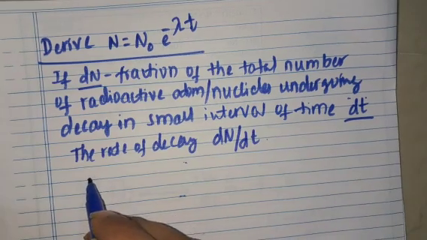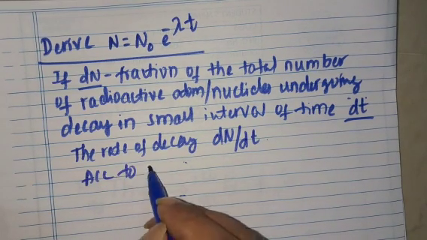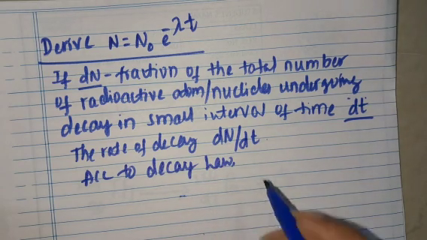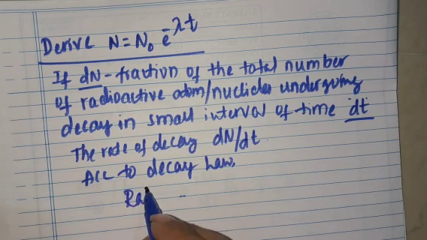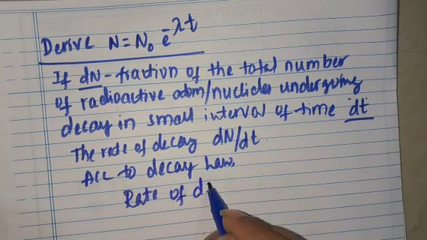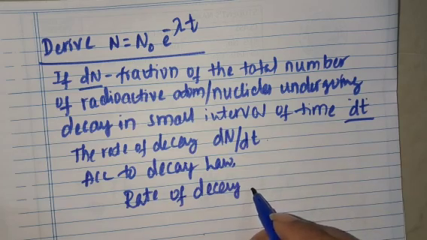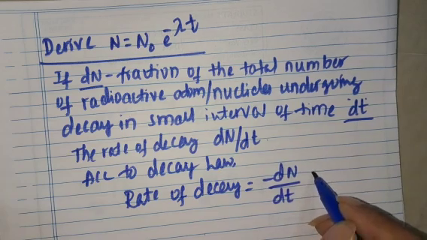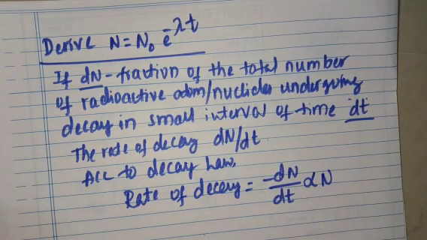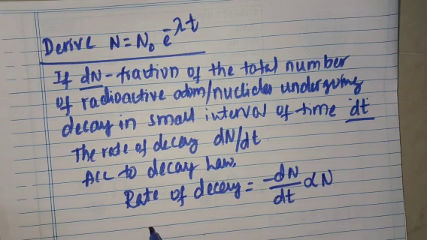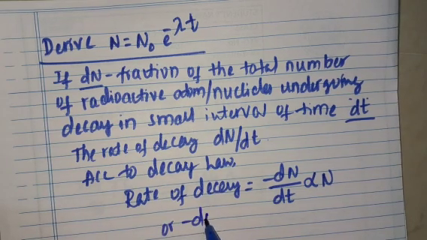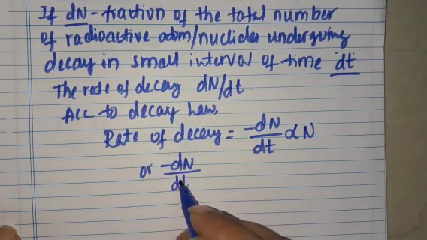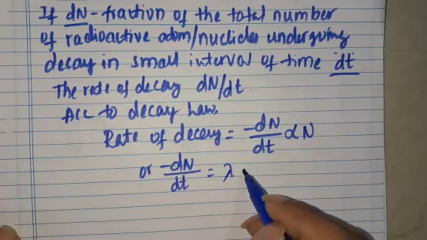So according to the decay law, the rate of decay, that is -dN/dt, is proportional to N, or -dN/dt = λN.